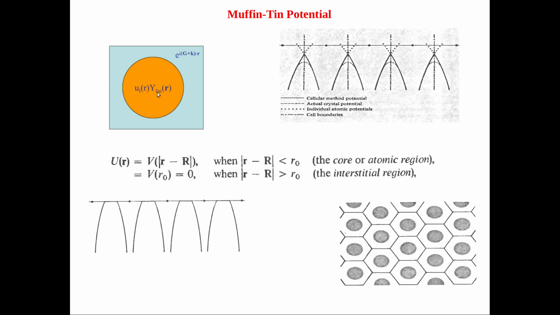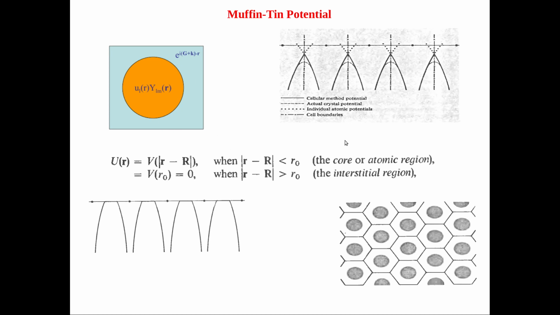So if we reduce this, we are expanding the region of interstitial portion in the unit cell, and we need plane waves to represent the wave function there.